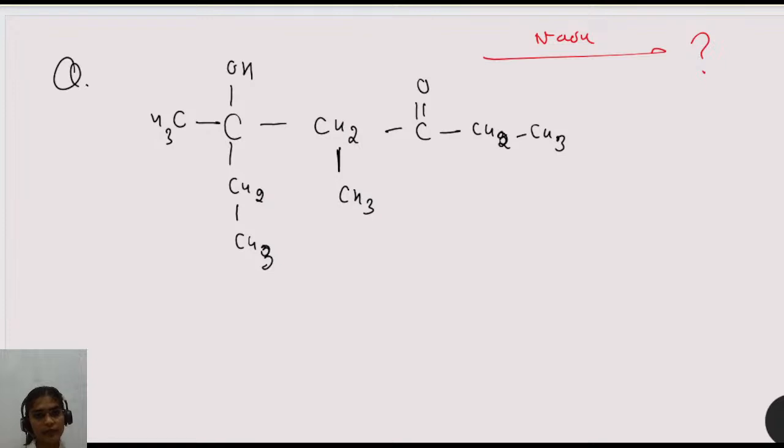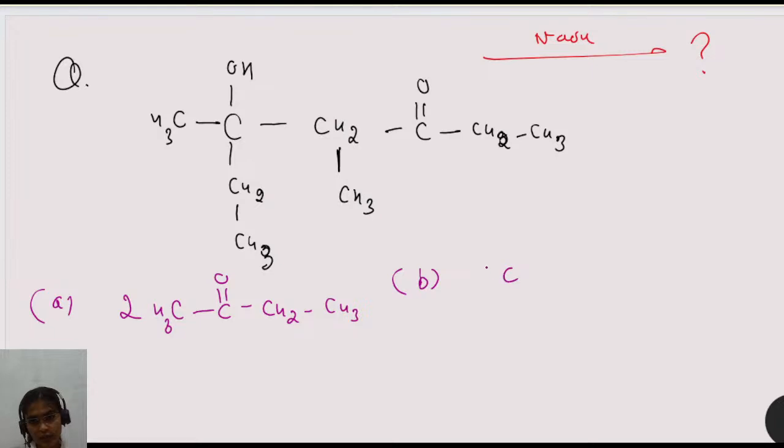The options are: option number one, and option B, where we end up with the same molecule two times, then again two times the same molecule.